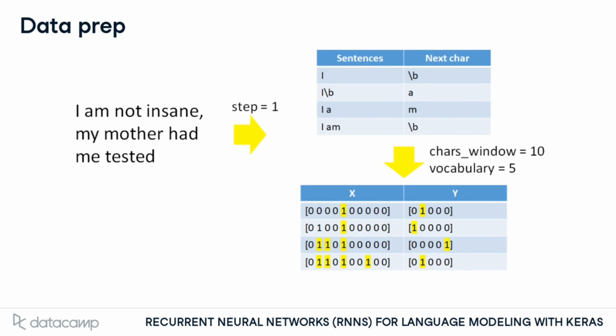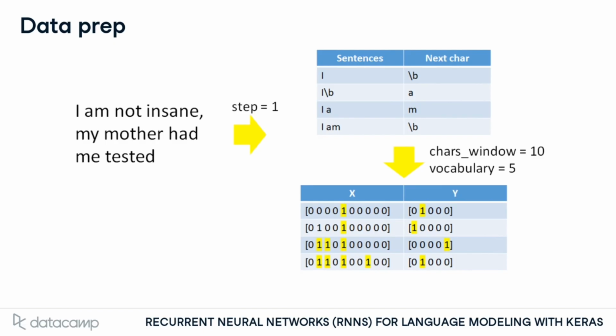This means that we will use this length of characters to predict the next one. The variable is called chars window. Y's dimension is the vocabulary size, or the total number of characters in the training data, and has to be one-hot encoded.